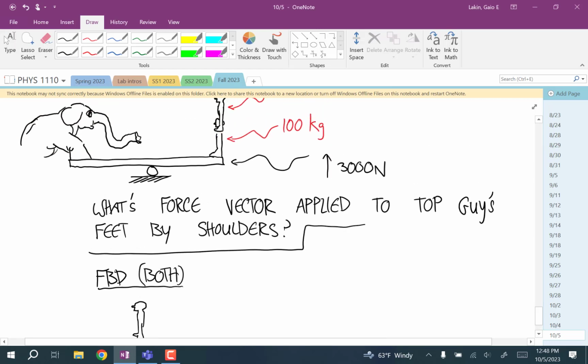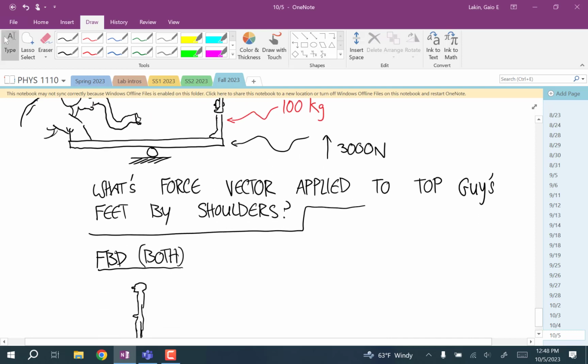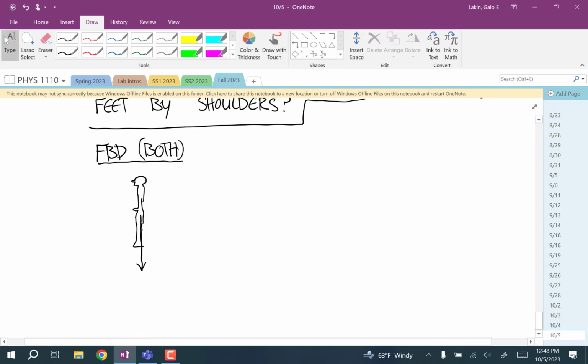Their total mass is 160. So actually, can someone calculate that for me? 160 times 9.81. 1,569.6. Yeah. Okay, so that's the weight force. There's a force pushing up on the bottom guy's feet, and we're given that that's 3,000 newtons. And there are no other places where the surroundings contact the boundary.